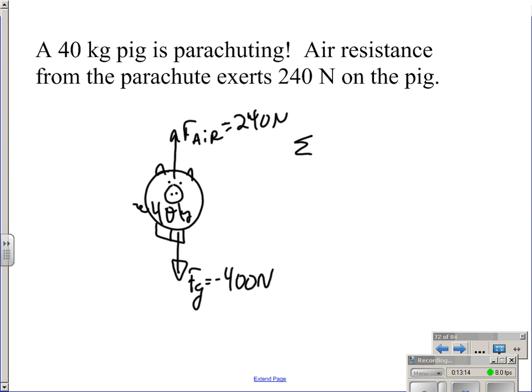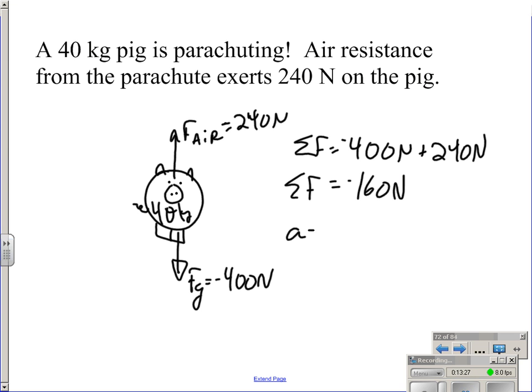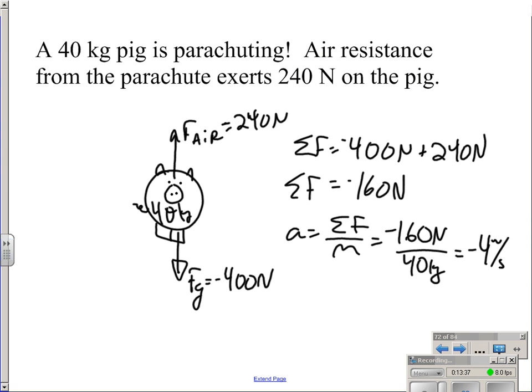So our net force is just going to be the 400 newtons from gravity, negative 240 newtons from air resistance. So you're going to get a net force of negative 160 newtons. So acceleration is net force over mass. So the acceleration is negative 4 meters a second squared.